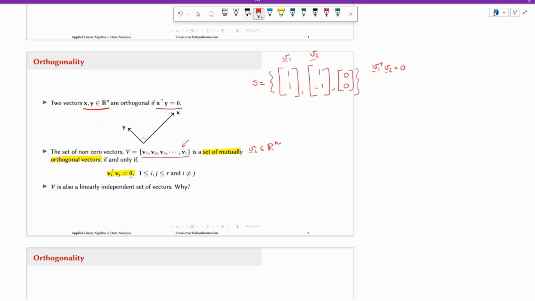So it's still mutually orthogonal. Now? No, it's not. It's not mutually orthogonal.